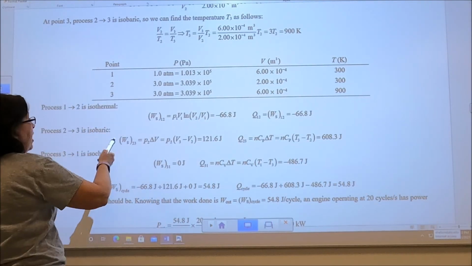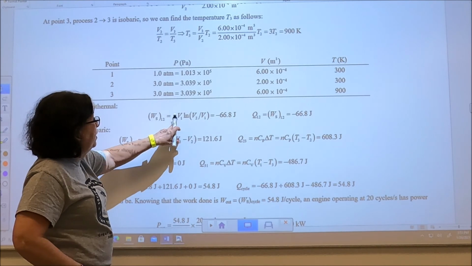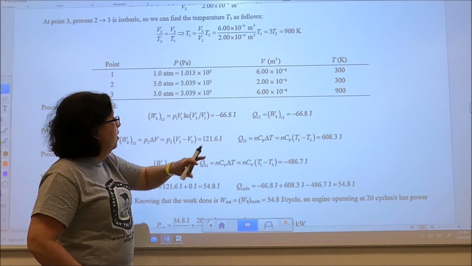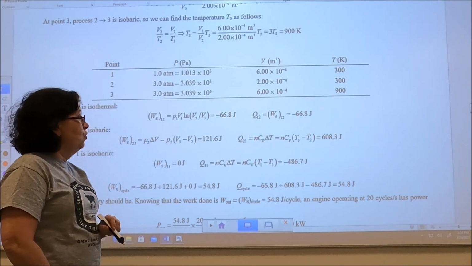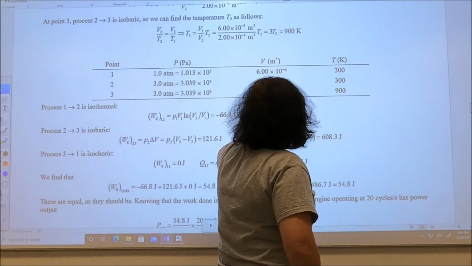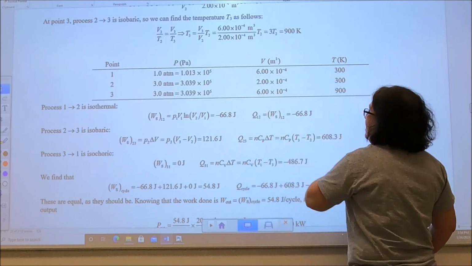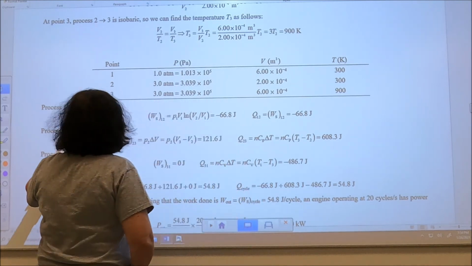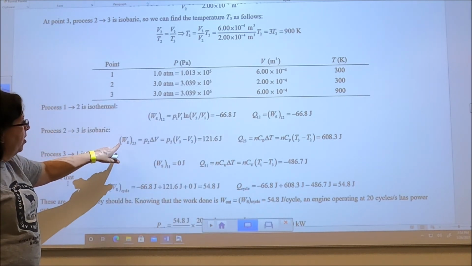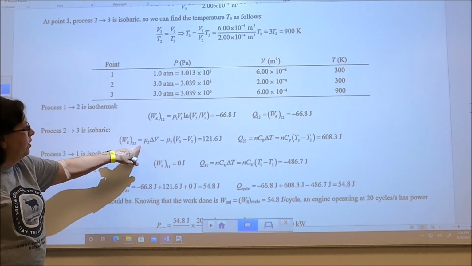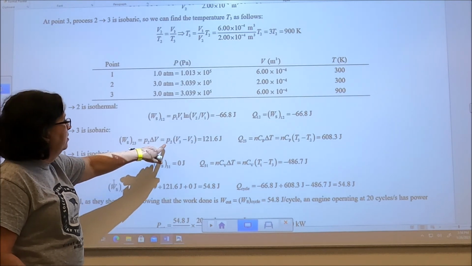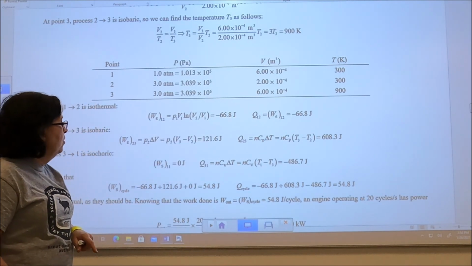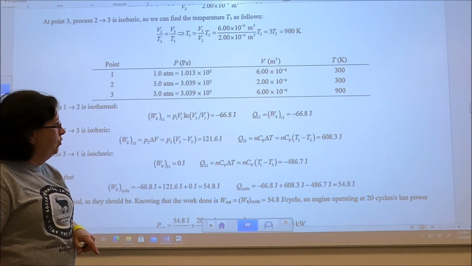For 1 to 2, the isothermal process, work is P1 V1 natural log of V2 over V1, or minus 66.8 joules. Q is equal to W_s, minus 66.8 joules. For 2 to 3, our isobaric process, W_s is P2 delta V, so P2 times (V3 minus V2), 121.6 joules.